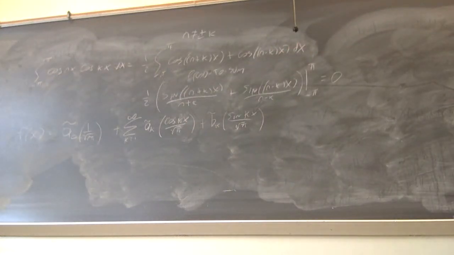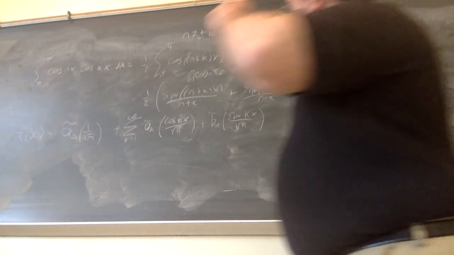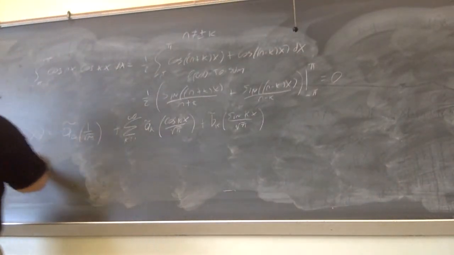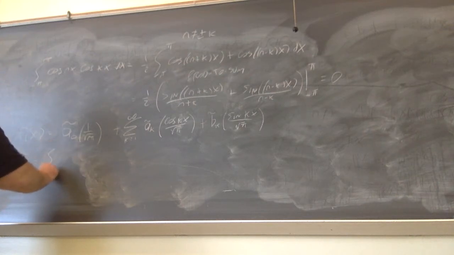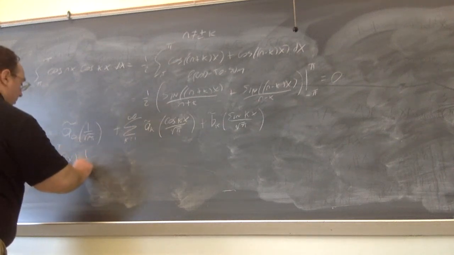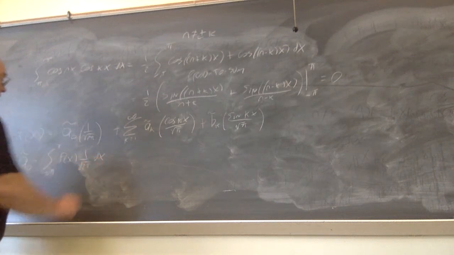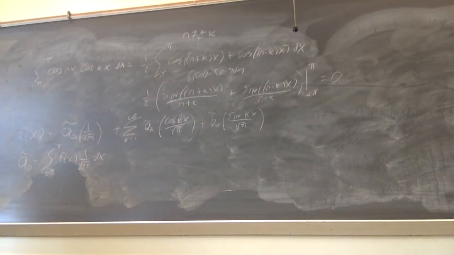Now, all the functions I wrote in parentheses are orthonormal. So that tells me how to get the coefficients. So a0 tilde is the inner product from minus pi to pi of f of x with 1 over square root of 2 pi. Because that's how you get the coefficients.